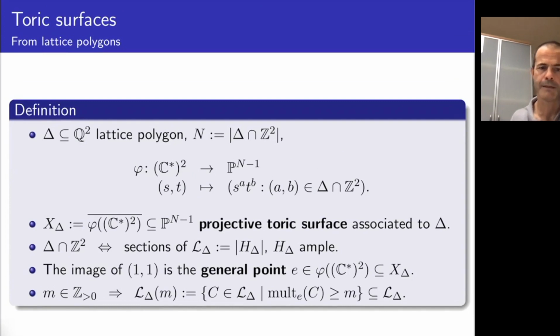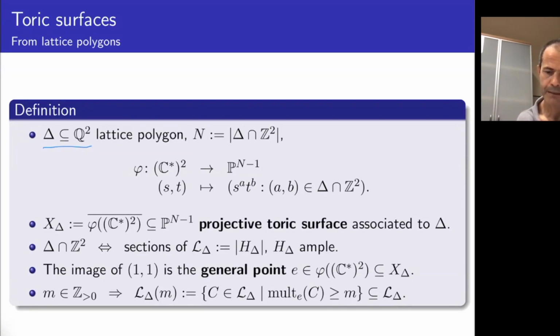We can define a projective toric surface starting from a lattice polygon, which is the convex hull of a finite number of integer points in the plane. We denote by n the number of lattice points.